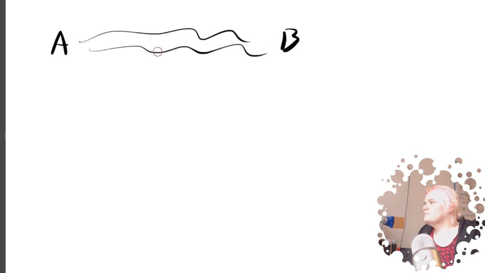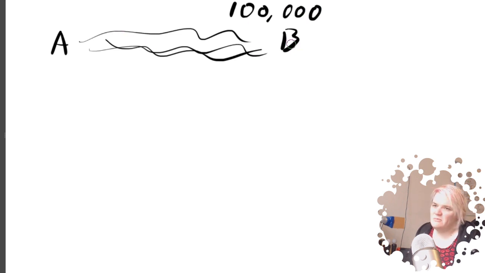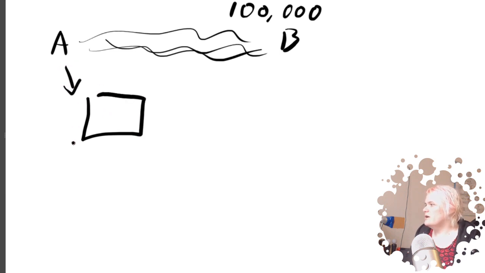When you've got point A and you've got point B, and you've got, I'm going to say conservatively, 100,000 people walking between A and B, you don't want to have 100,000 people talking to each other. So instead what you do is you take every person's journey, right, and you log it to a telemetry server or a game server.